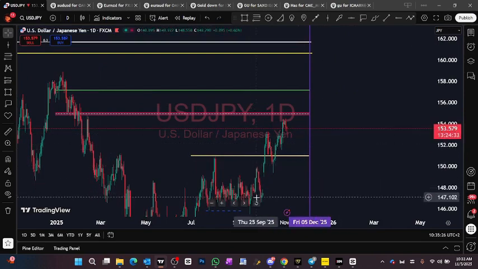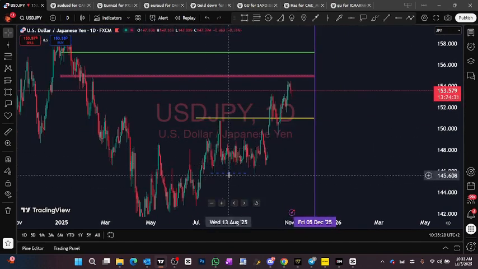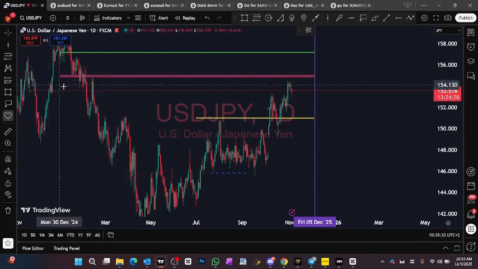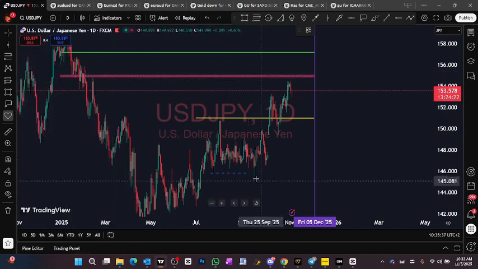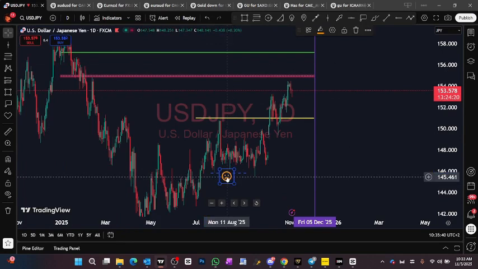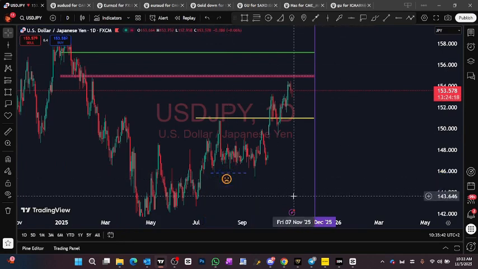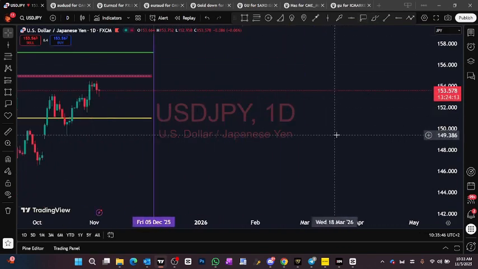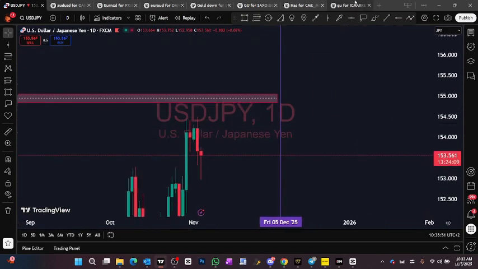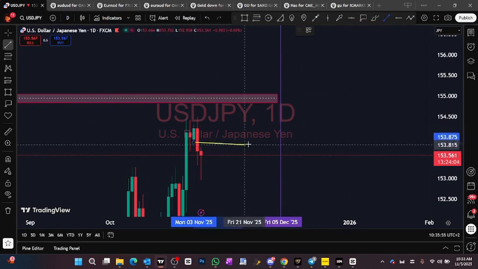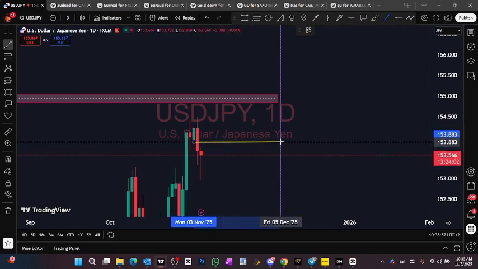There we come to that liquidity that was taken over, on the side. Okay, now what the daily can give us is, let's see, there is this.